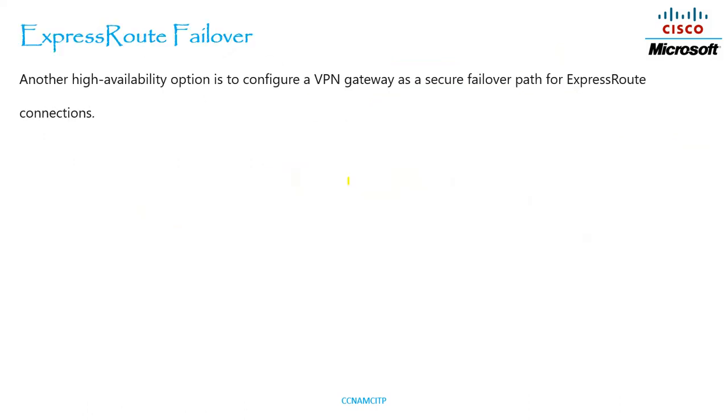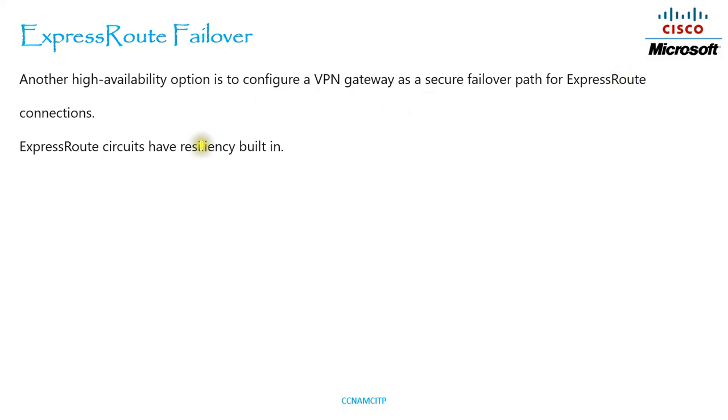Apart from this, now we'll talk about ExpressRoute failover. So guys, another high availability option is to configure a VPN gateway as a secure failover path for ExpressRoute connections. ExpressRoute circuits have resiliency built in.